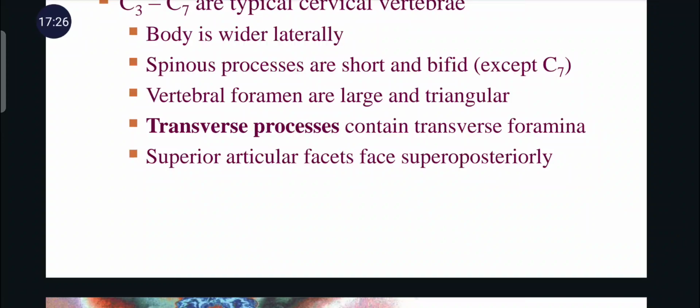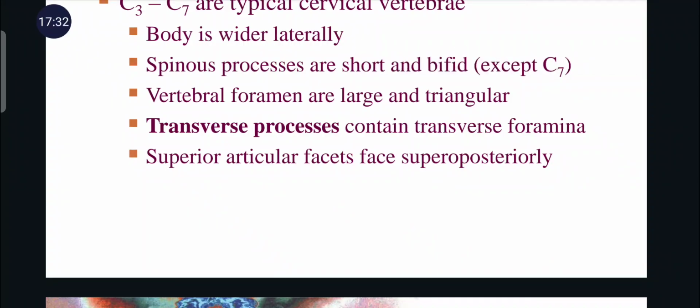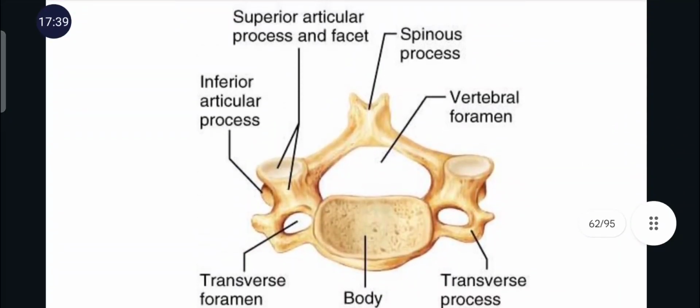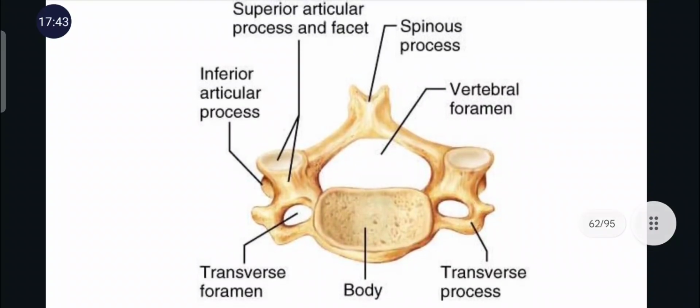Vertebral foramen are large and triangular. Transverse processes contain transverse foramina. Superior articular facets face supero-posteriorly.